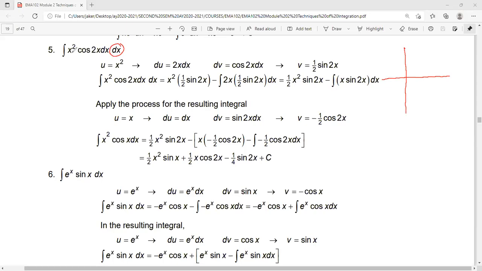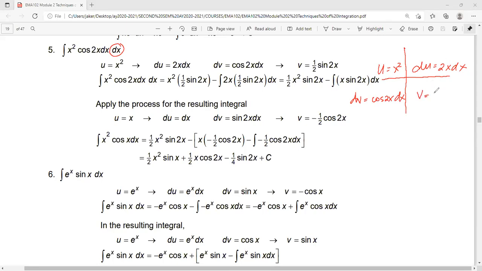So cosine 2x is readily integrable. So the polynomial should be your u, just like the x and sine x here. So u is x squared. du is 2x dx. dv is cosine of 2x dx.